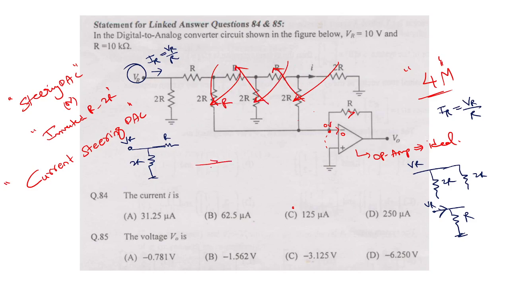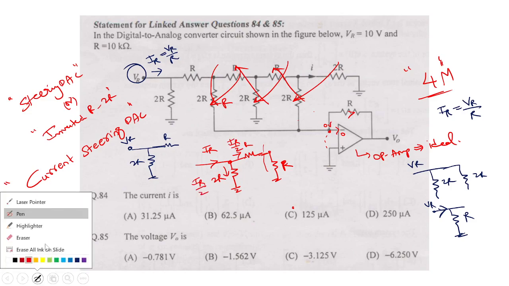There is a current coming like this. There is 2R here to ground, and this is R, this is also R. Now IR sees equal resistance here. It is also 2R, this is also 2R. So this will become IR by 2. This will be IR by 2 because current divides equally.